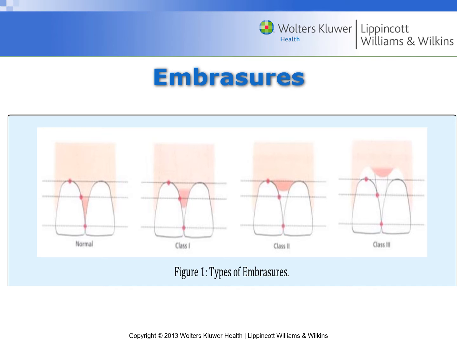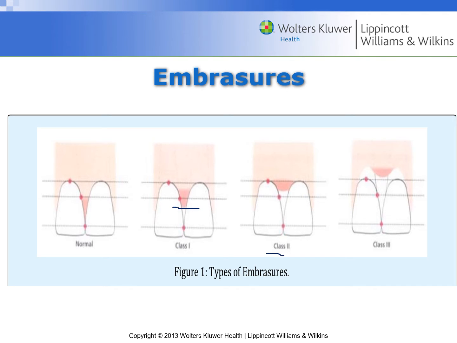It looks a little redder in this area, but I think that's just the coloring of this. So class one would be like that one tooth that we saw, which looks like someone just chopped that off. It's blunting in between there, and if you only have about that much, it would be a class one.